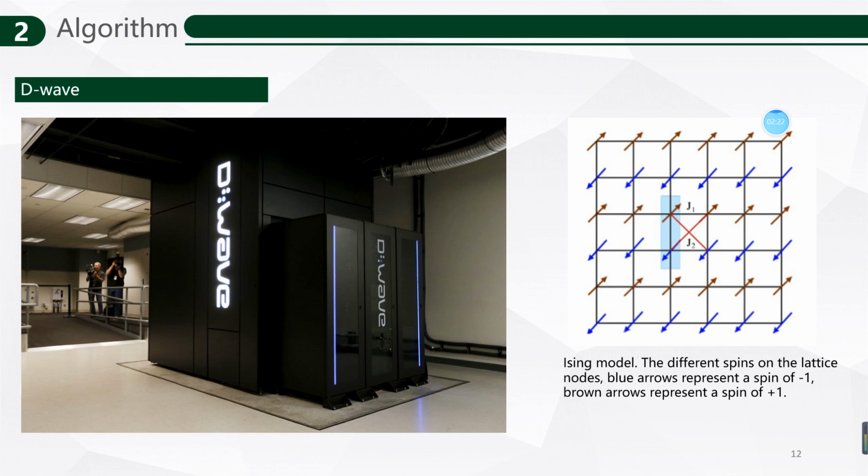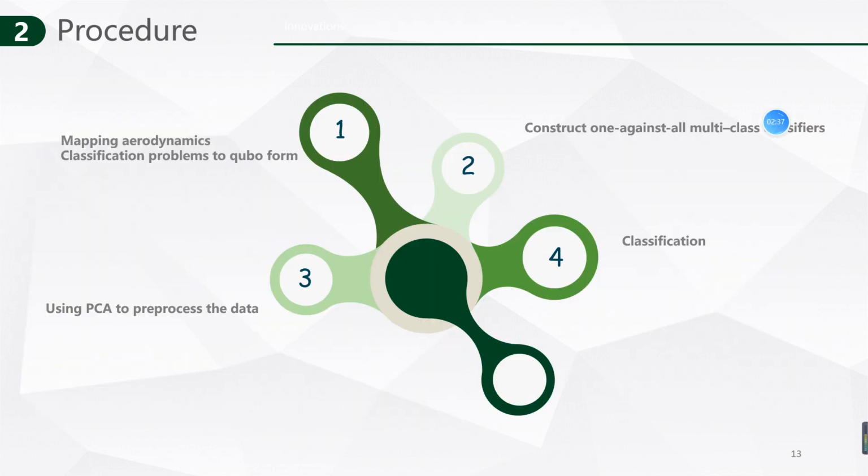And then we'll introduce our quantum annealing version. The hardware we use in our paper is the Advantage system from the D-Wave company. And here is our workflow. We first map the aerodynamics classification problem to a QUBO form.